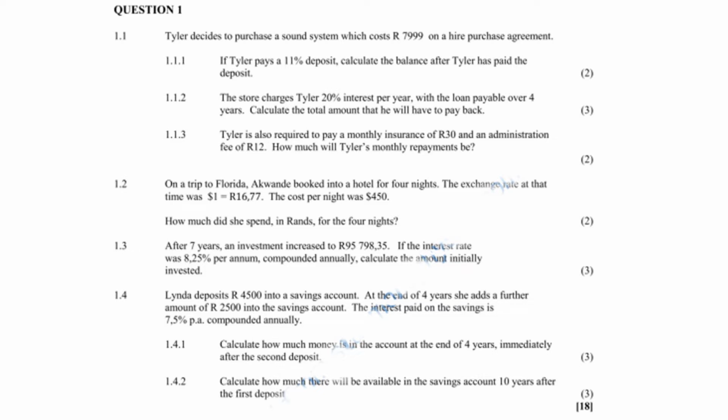All right, so now let us first calculate the 11% of the total cost of the sound system. So 11% is 11 over 100. And then we'll multiply that with the total cost of the sound system. So what is 11% of 7,999? We will calculate that on our calculator.